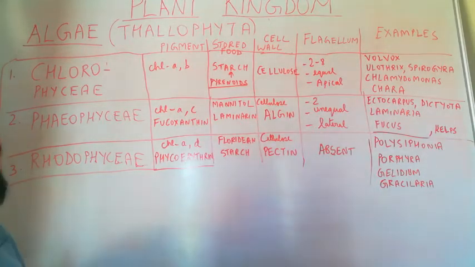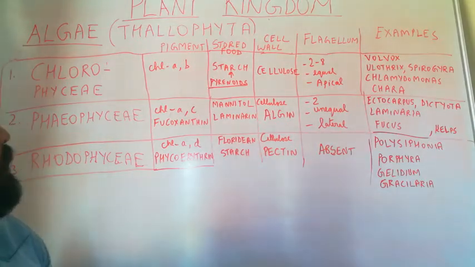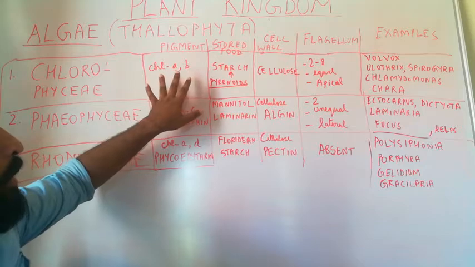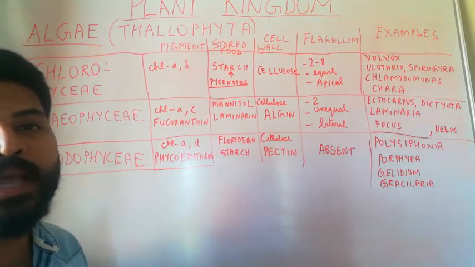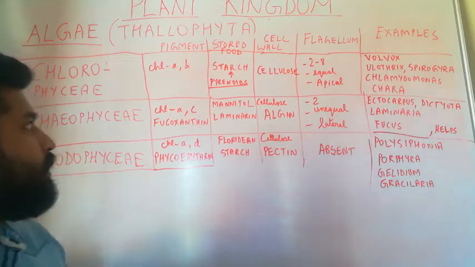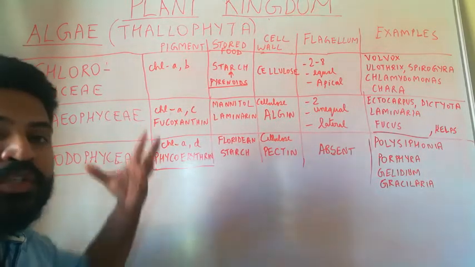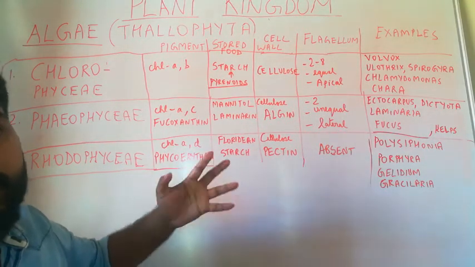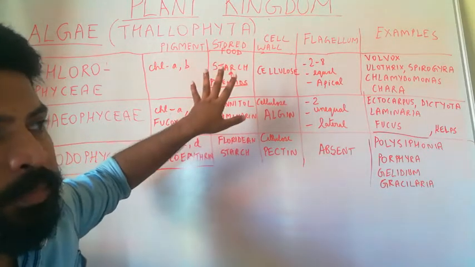Firstly, we have the green algae or the Chlorophyceae. The major pigment here is chlorophyll A and B, and some amount of carotenoids and xanthophylls are also present. The chlorophyll pigment is used to absorb sunlight, which will produce food which is stored in the form of starch.